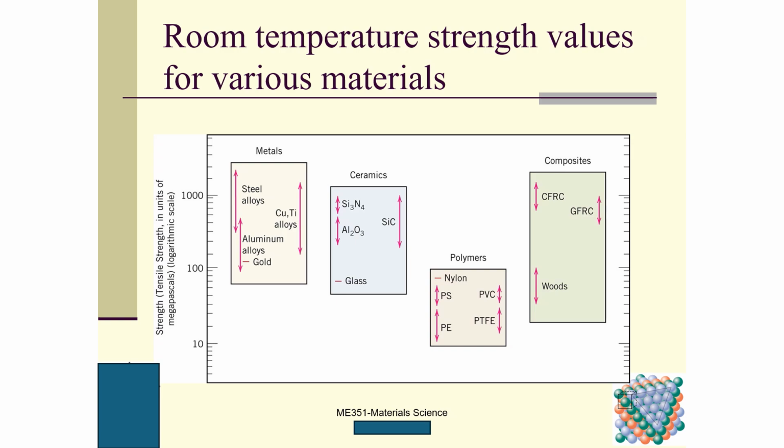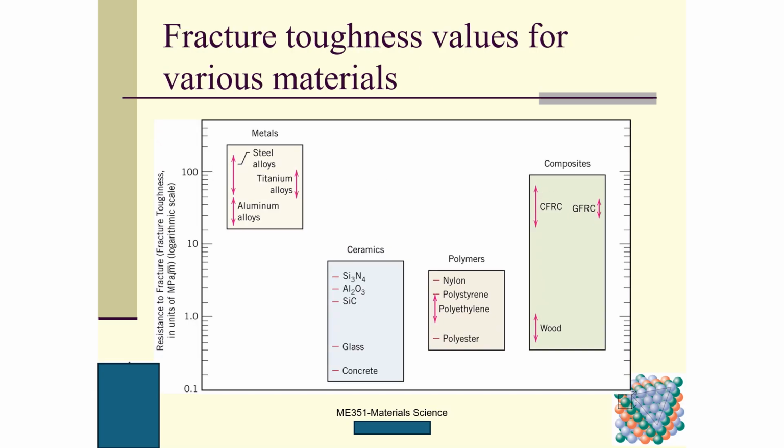People label this one higher than the polymer. We know that polymer is weaker in terms of strength. And then this comparison of resistance to fracture, we call the fracture toughness. So we have metal, with very high fracture toughness.